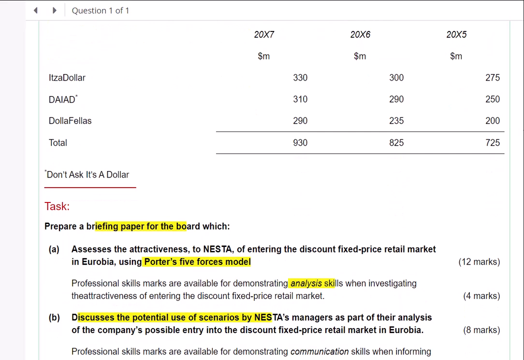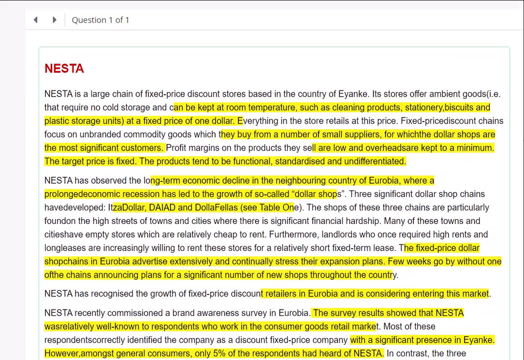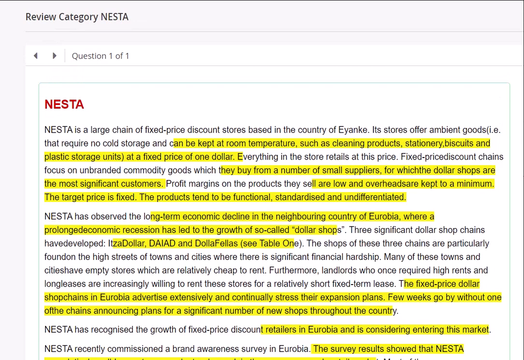Now, our requirement is to prepare a briefing paper for the board which assesses the attractiveness to Nesta of entering the discounted fixed price retail market in country E using the Porter Five Forces model. Basically, we are in a different country right now and we have the expertise in our country, but we are trying to enter into another market with whatever expertise we have.